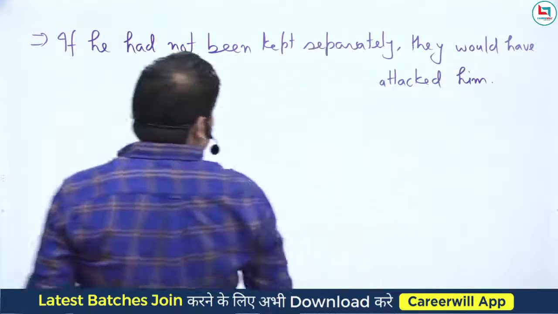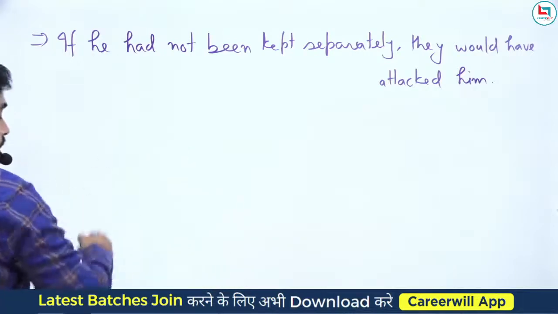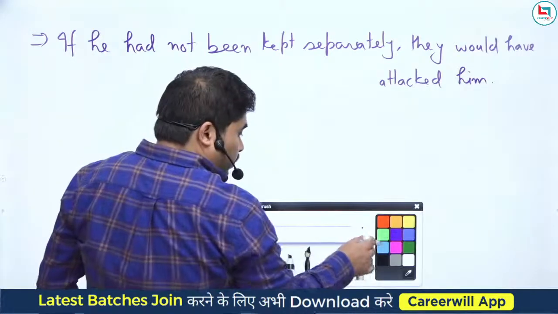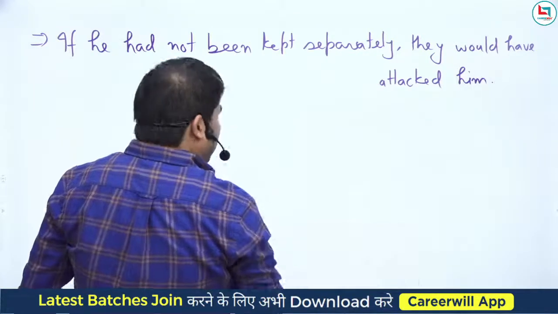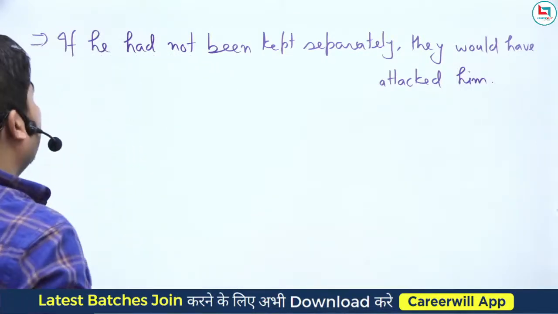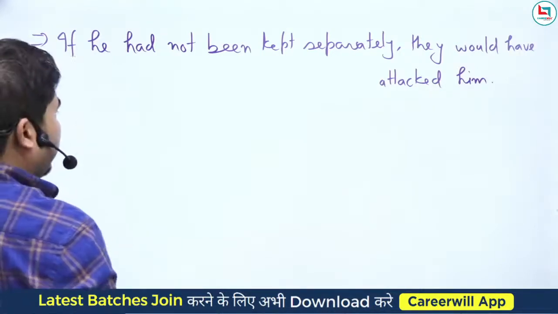If he had not been kept separately, they would have attacked him. This statement was made by a jail inmate of Ram Rahim. When that inmate came out, he made this particular statement in the media.